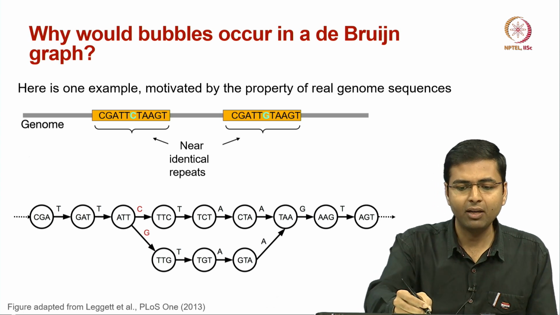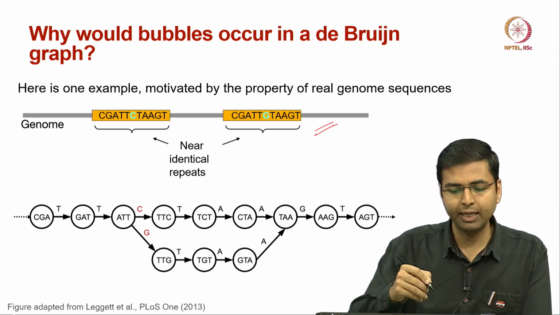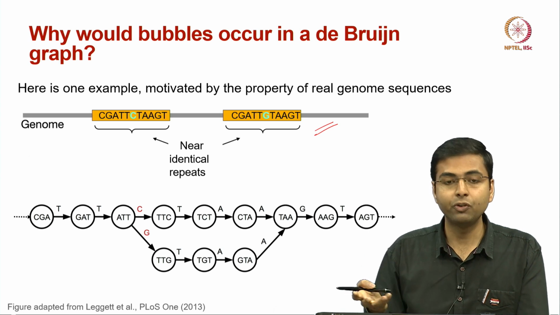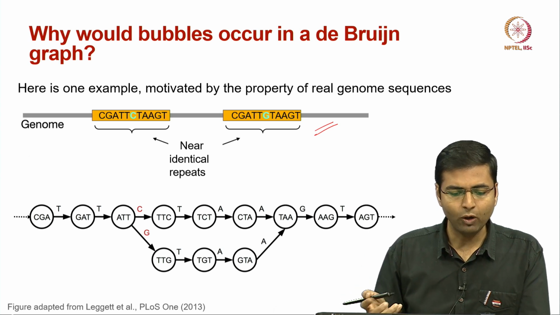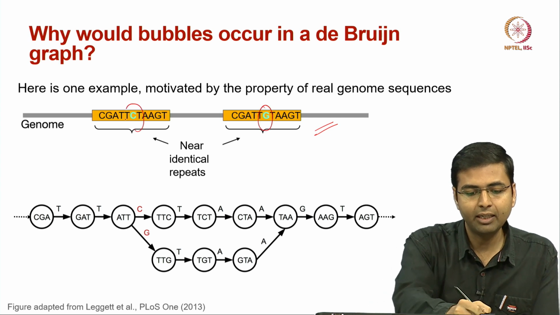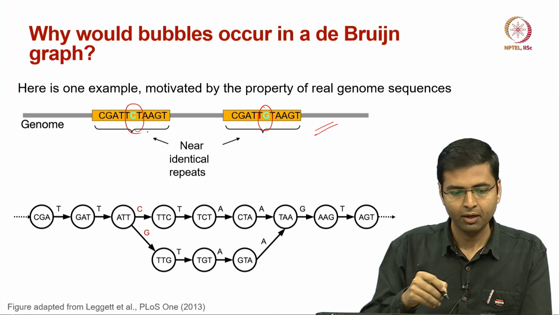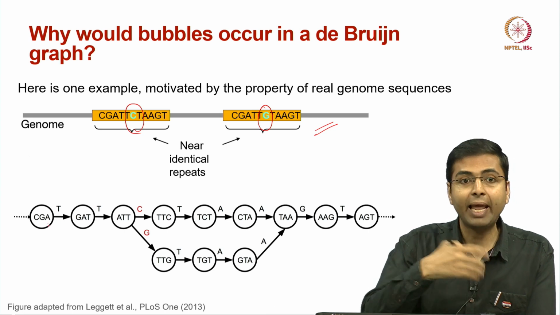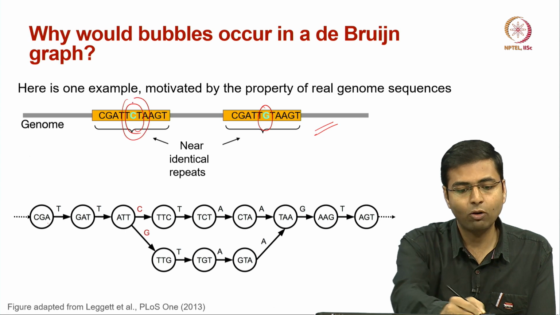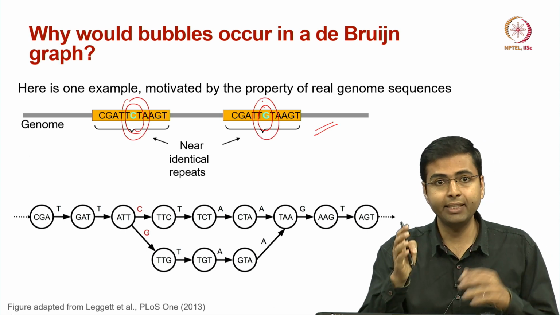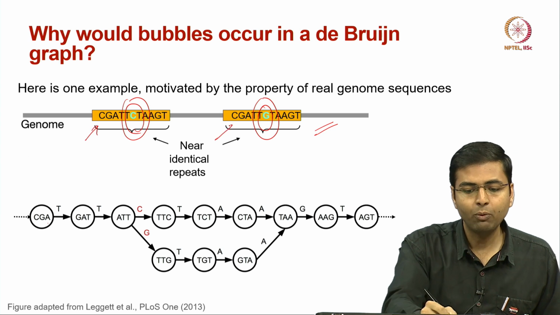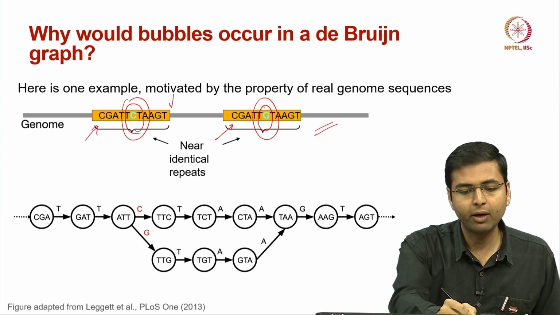Now, for this example, observe that if you build a de Bruijn graph with k equals to 3, then because of this mutation in the repeat sequence, you would have a bubble like structure in the de Bruijn graph, because there is a local difference of vertices in this local region, but here you have common vertices on the left and common vertices on the right.